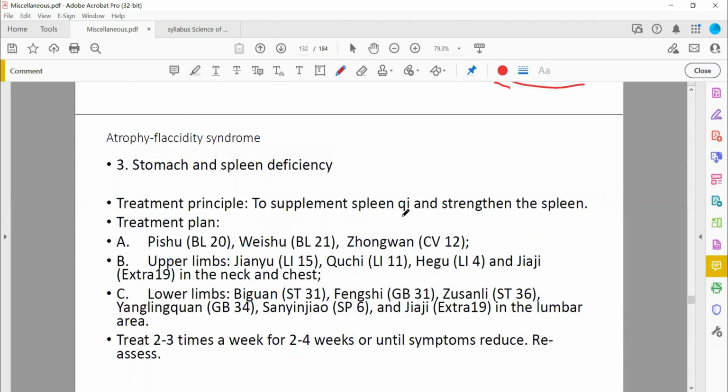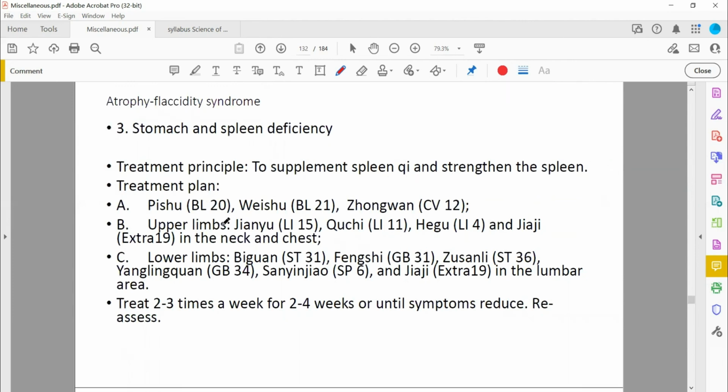To supplement spleen qi and strengthen the spleen, use the back-shu points of the spleen and stomach, and CV12. And the other points you could add here. Any other point you want to add here?